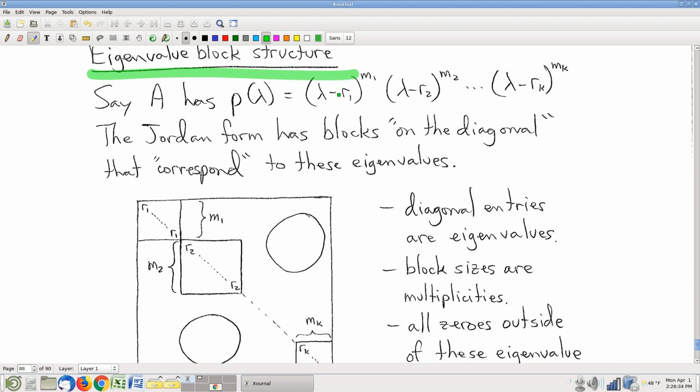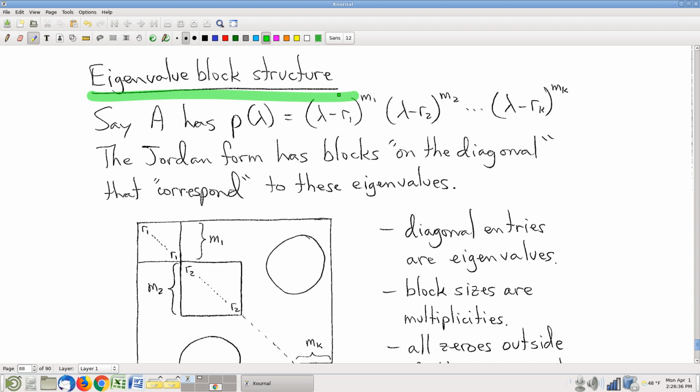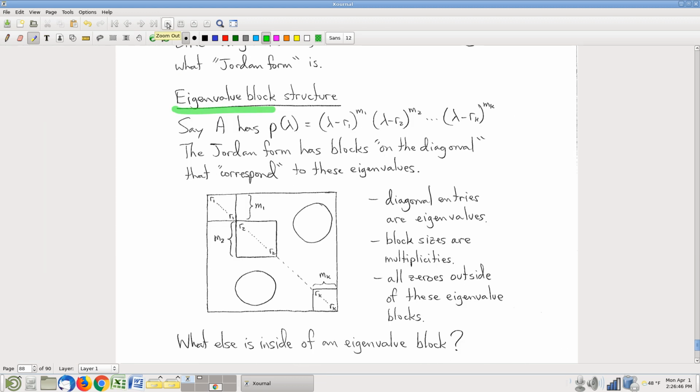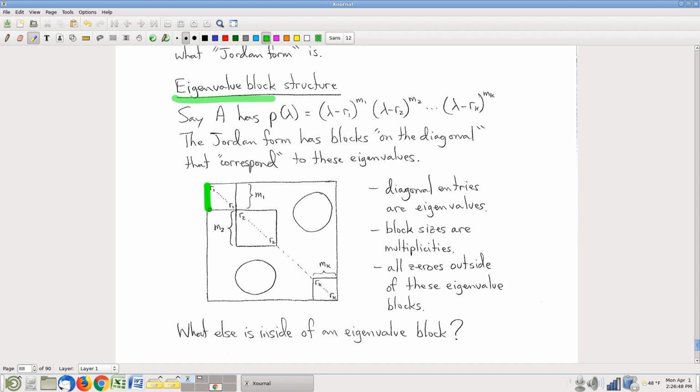I'm going to start with the large-scale structure. I like to call this the eigenvalue block structure. So here's the big idea. Jordan form consists of a bunch of blocks. I have to zoom out, I suppose. Here we go. So there's a bunch of blocks right there on the diagonal. The corners of the blocks are exactly on the diagonal.